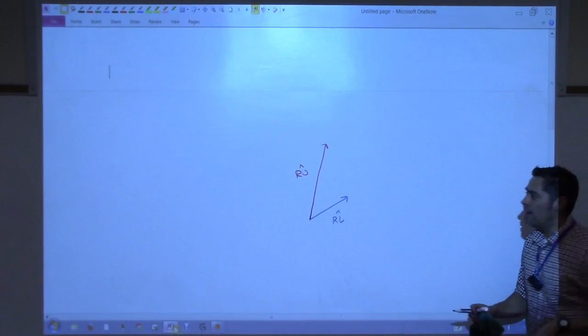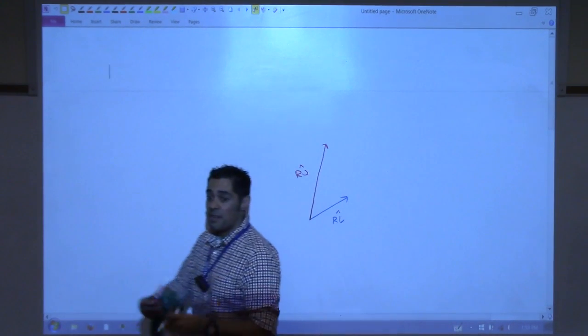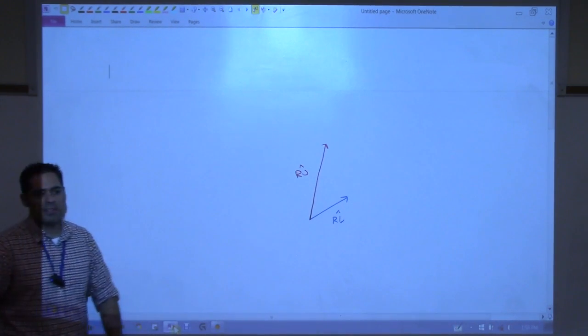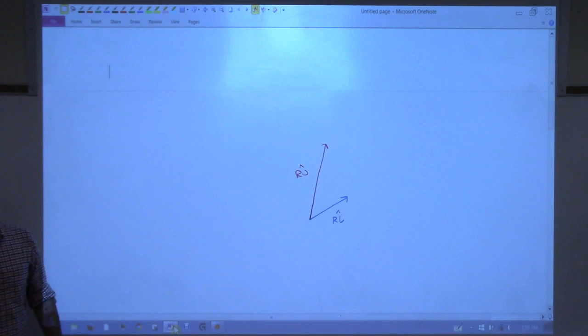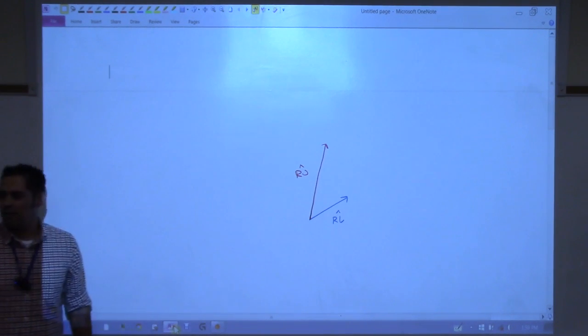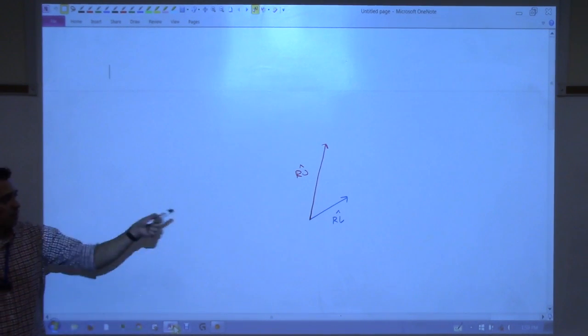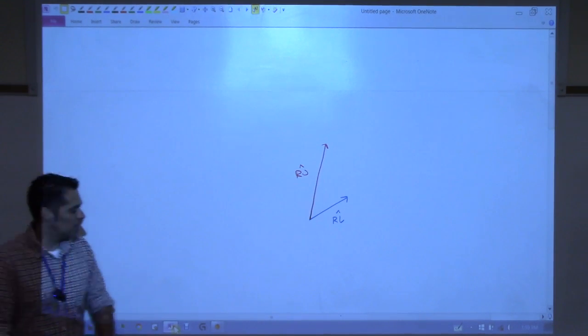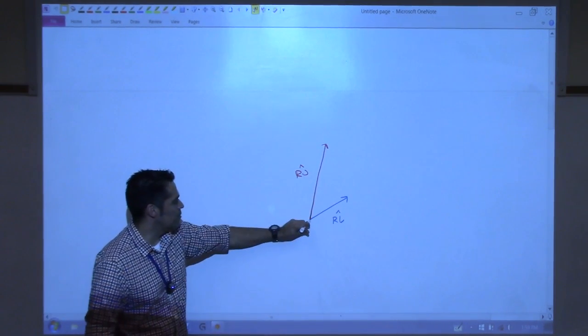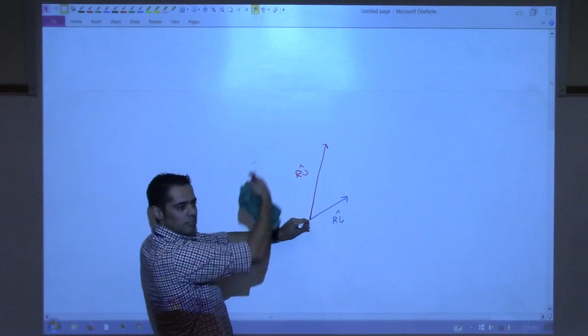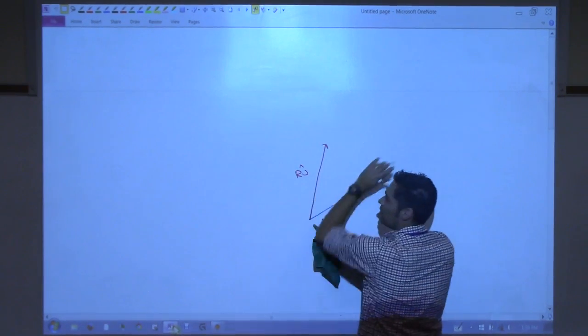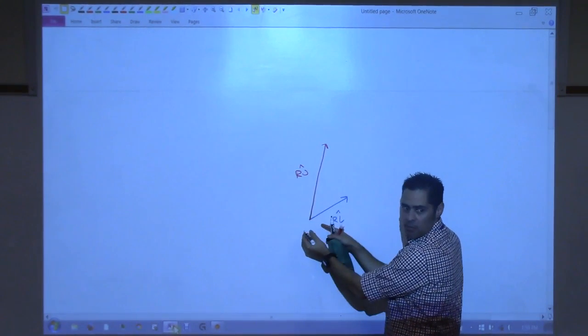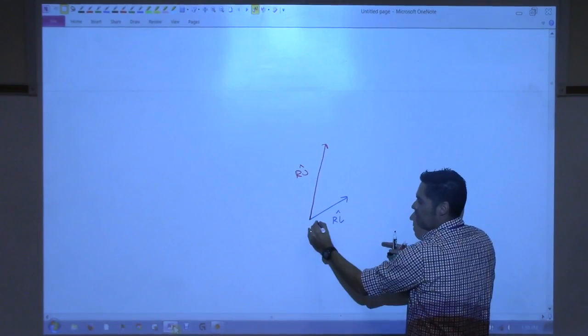What I'm claiming right now is that this, to me in my system, is my standard normal basis. Is there any way you could draw a vector that I couldn't get to with these two? So you tell me where to draw it. Where do you want me to go? Which way? Left, right? You want to go down, into the left, to the right? Which way? You want to go to the right, like this way? Okay.